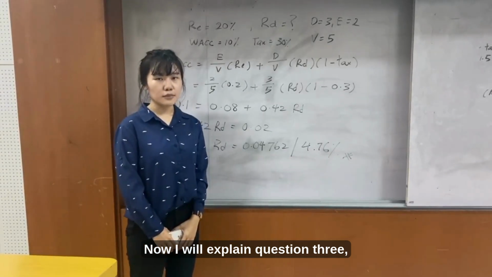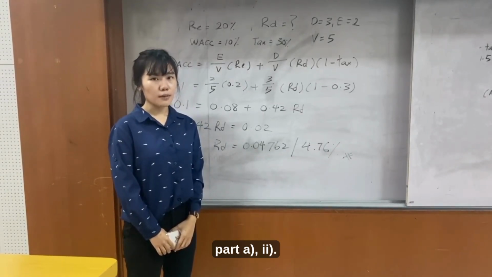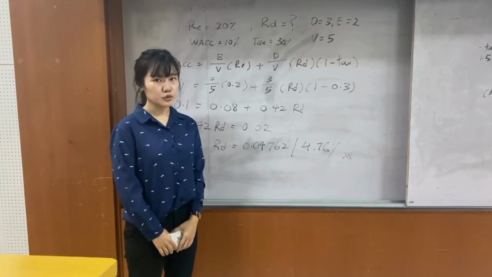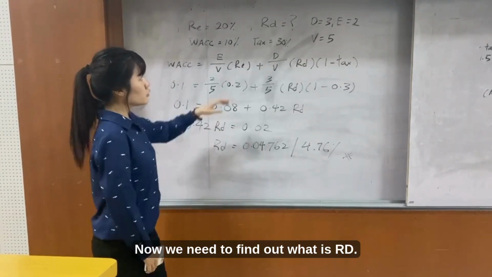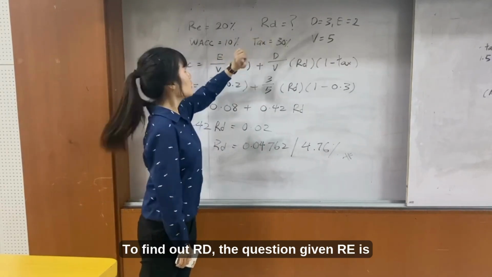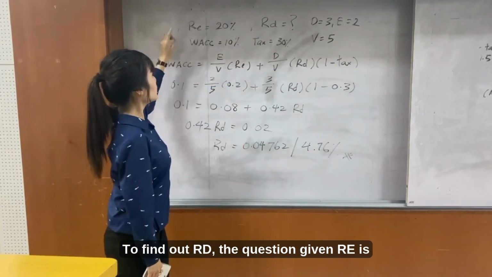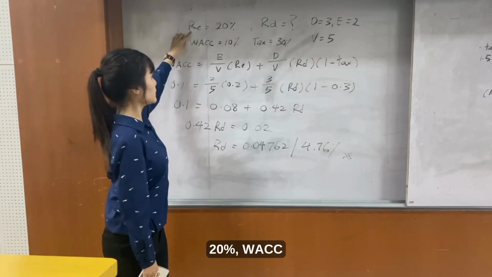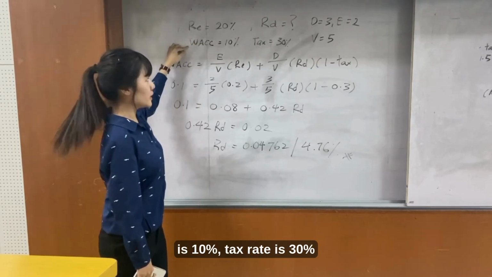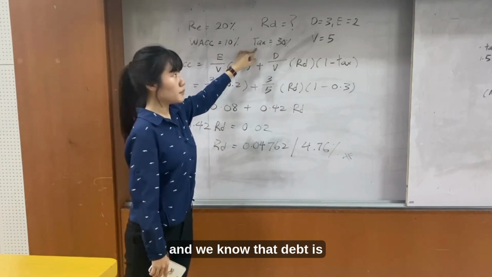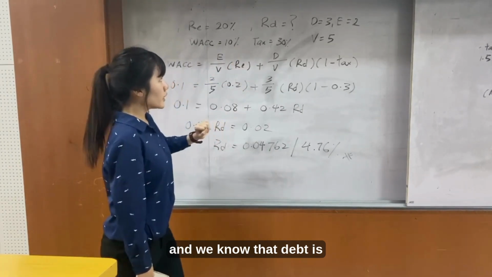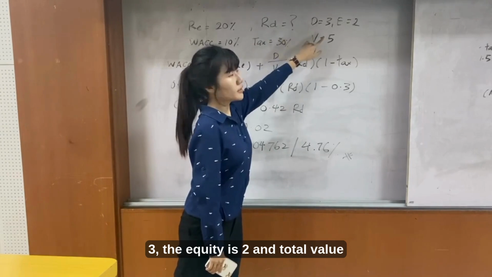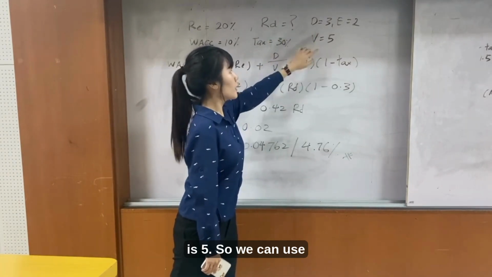Now I will explain question 3, part A, Roman 2. Now we need to find out what the RD is. To find RD, the question gives RE equals 20%, WACC equals 10%, the tax is equal to 30%, and we know that the debt is 3, the equity is 2, and the total value is 5.